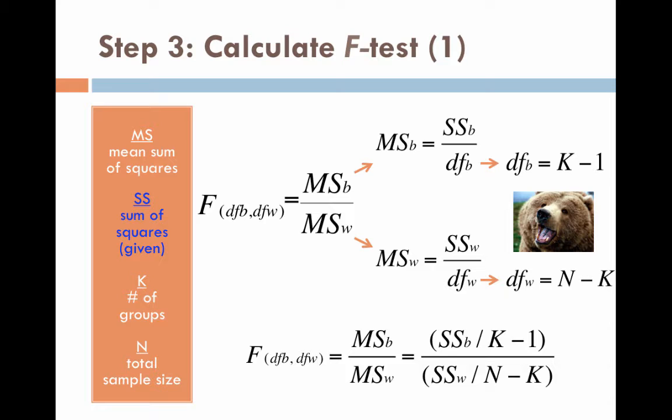And notice that whenever we report our F statistic, we always include immediately after F what our degrees of freedom between groups is and the degrees of freedom within groups is, separated by comma, both enclosed within parentheses.